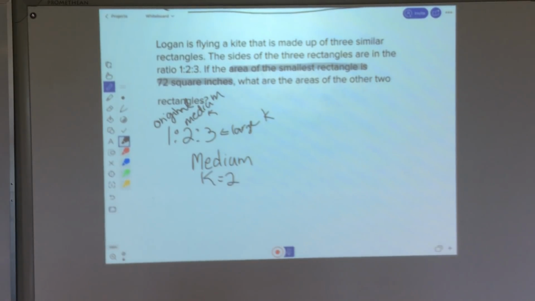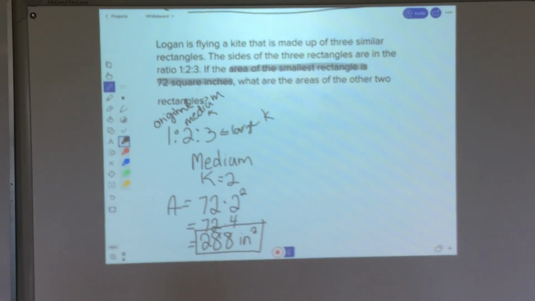So to find the area, we need to take that original 72 times our scale factor, which is 2, squared. Order of operations, so we're going to have 72 times 4, which gives that medium-sized part of the kite an area of 288 inches squared.